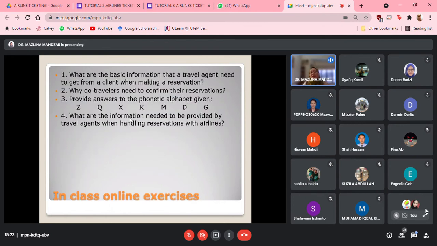Okay, so sekarang this is the first part of theory on reservation lah. Okay, so apa yang kita belajar tadi is basically what are the information that you need to get from your customer in order for you to proceed with keying the information in the system.